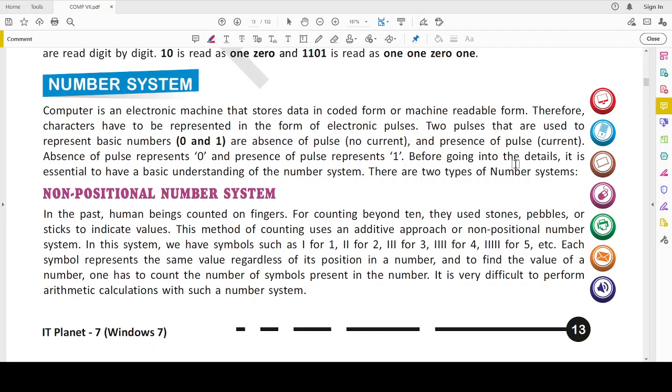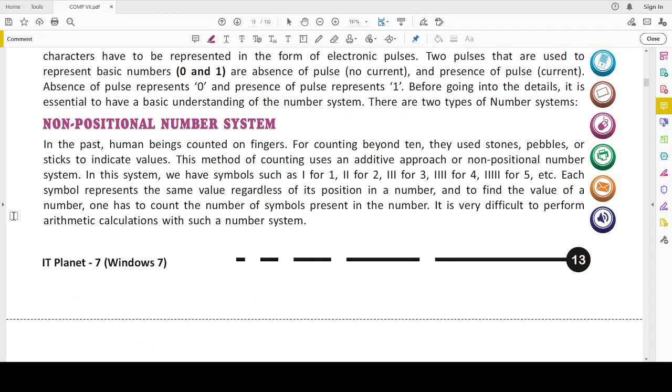Before going into the detail, it is essential to have a basic understanding of the number system. There are two types of number system, as I have already discussed: the non-positional number system used by early men, and the positional number system. In the past, human beings counted on fingers. For counting beyond 10, they used stones, pebbles, and sticks to indicate values.